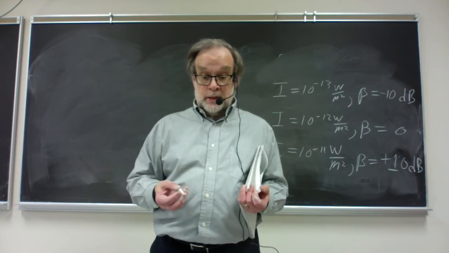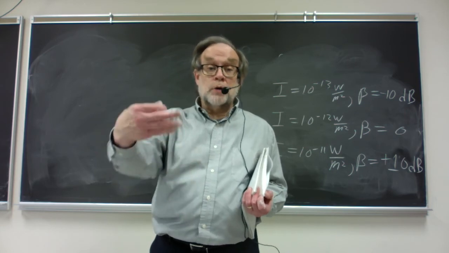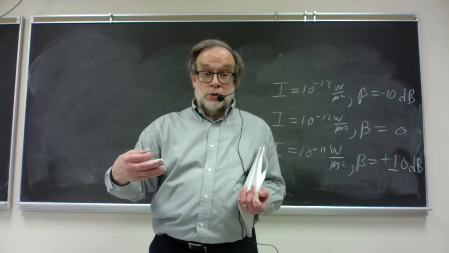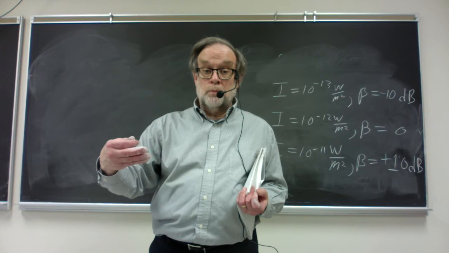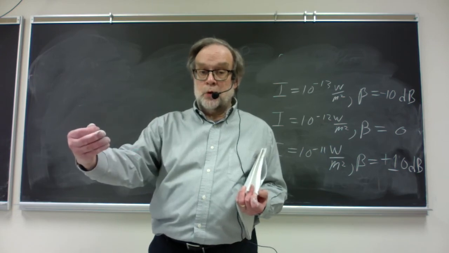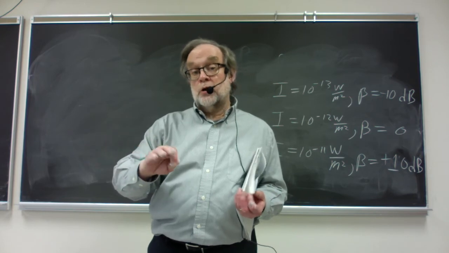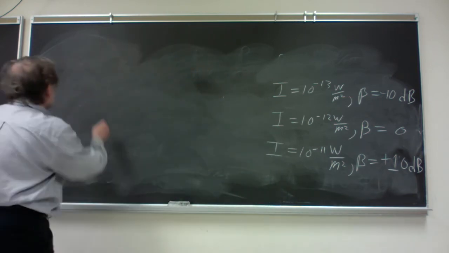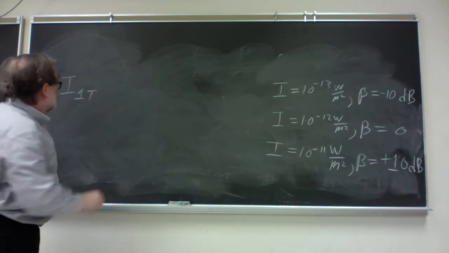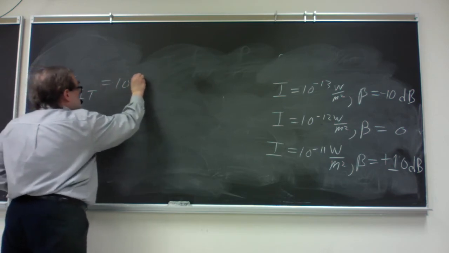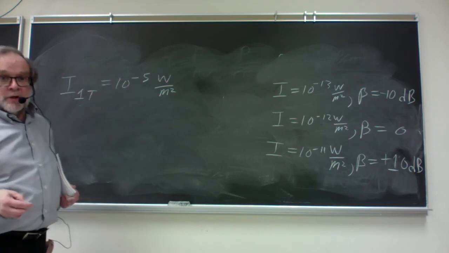And let's say that you're sitting in the clarinet section, just immediately in front of the trombone section, so that if one of the trombone players is playing a solo and playing quite loud, the intensity of the sound wave that you hear, call it the intensity of one trombone, will be something like 10 to the minus 5 watts per square meter.